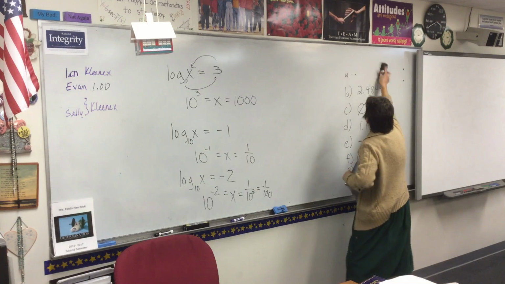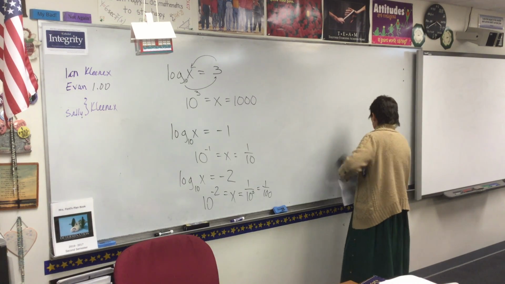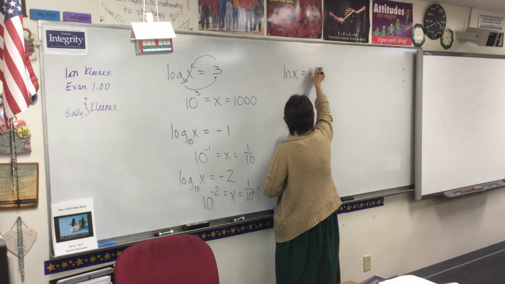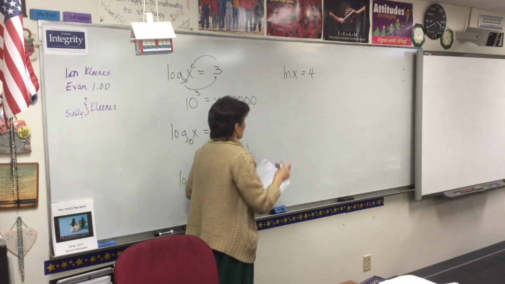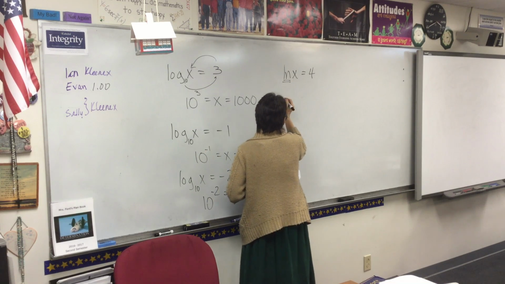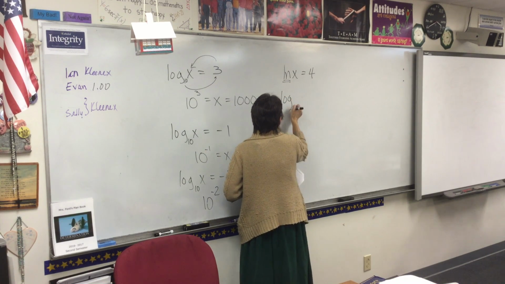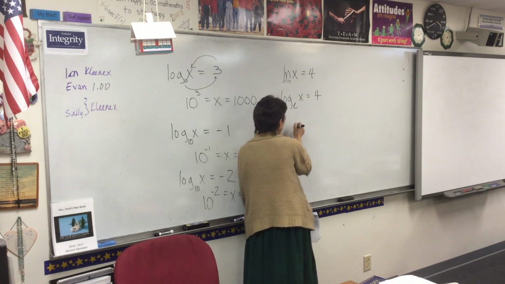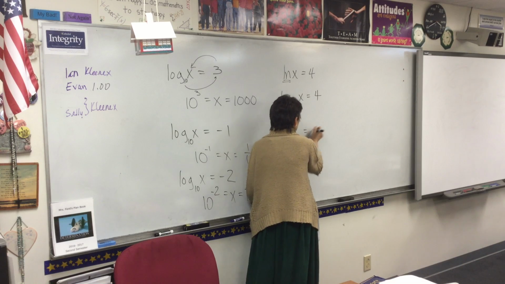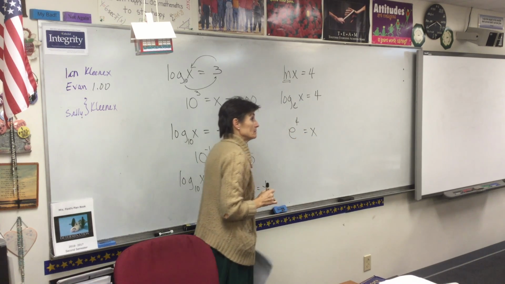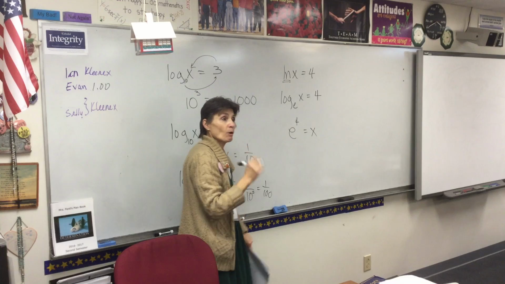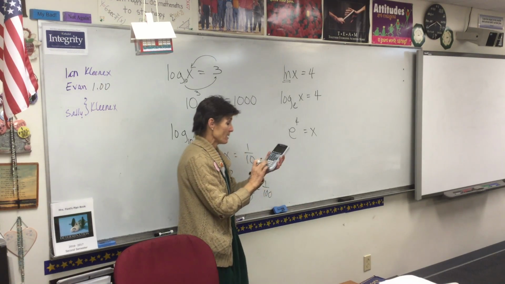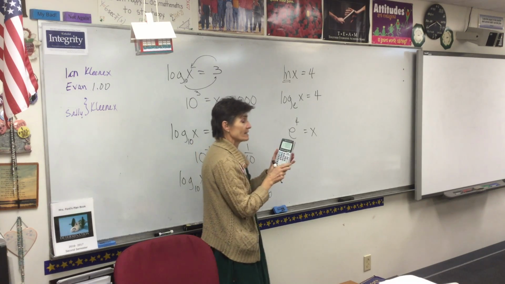Now, we may need a calculator here. Let's take a look at this. ln x equals 4. Remember, what does ln stand for? Log base e. So we can loop-de-loo this and say e to the 4th equals x. In some cases, it's perfectly fine to leave e to the 4th. In other cases, we may want a decimal, so let's practice it.